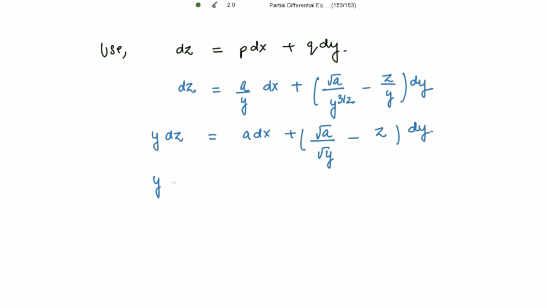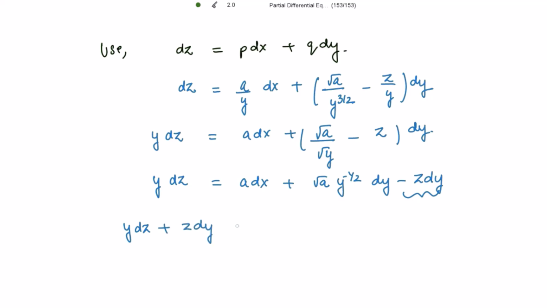Or we can write this as y dz equal to a dx plus square root a y to the power minus 1 by 2 dy minus z dy. Taking this to the other side, y dz plus z dy equals a dx plus square root a y to the power minus 1 by 2 dy.